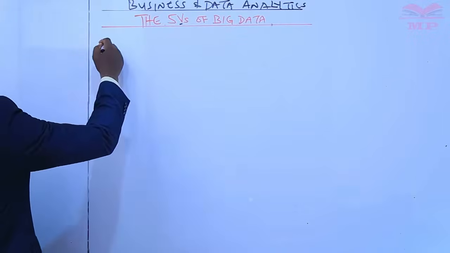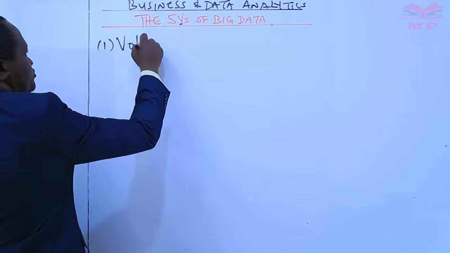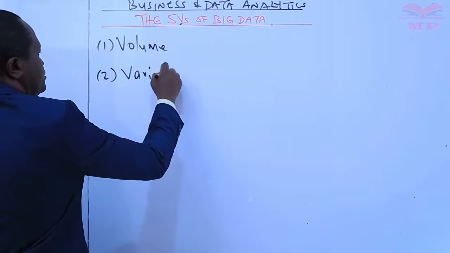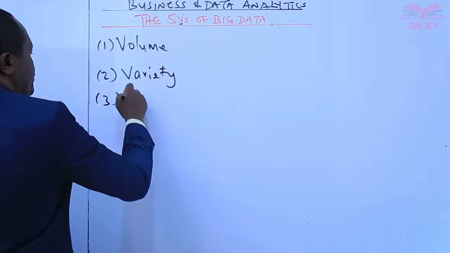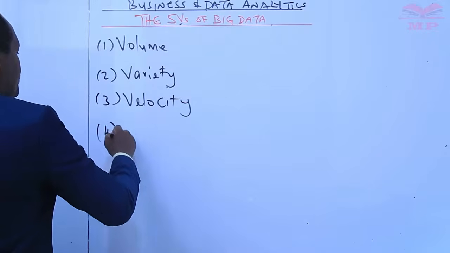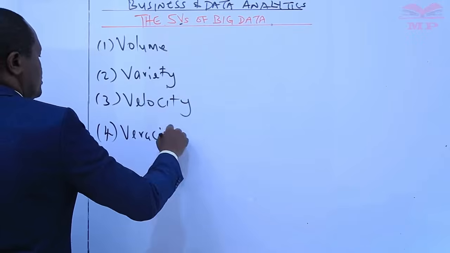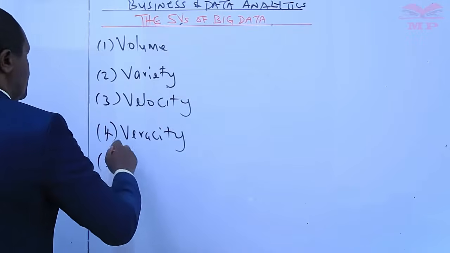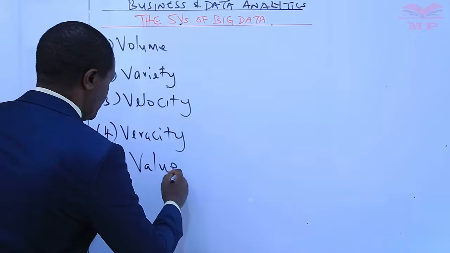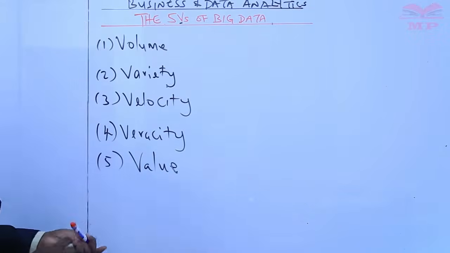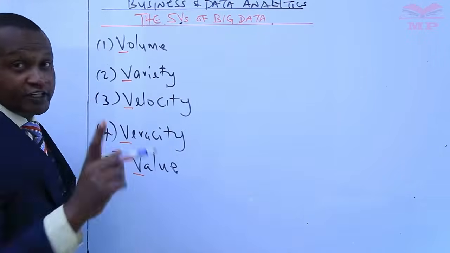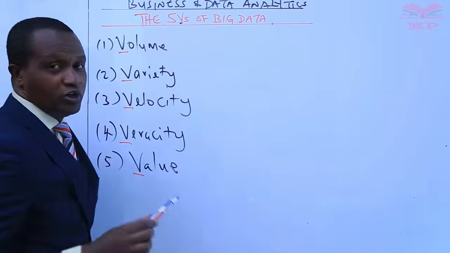The V's are: 1, volume; 2, variety; 3, velocity; 4, veracity; 5, value. The first one is volume.